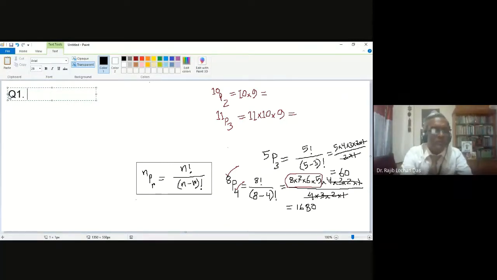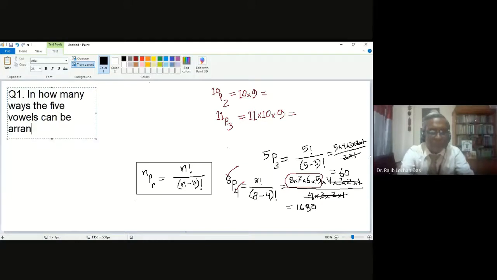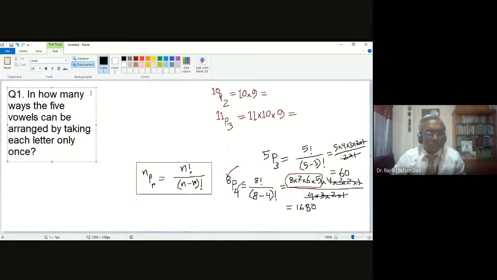So let me just give you the example like, okay, in how many ways the 5 vowels can be arranged by taking each letter only once. So this is one question.